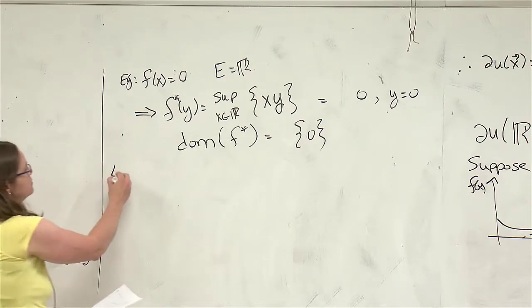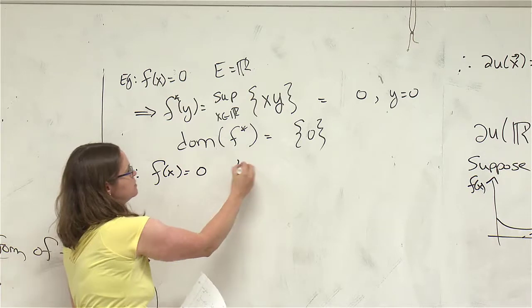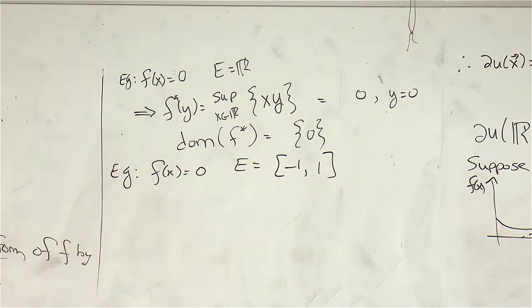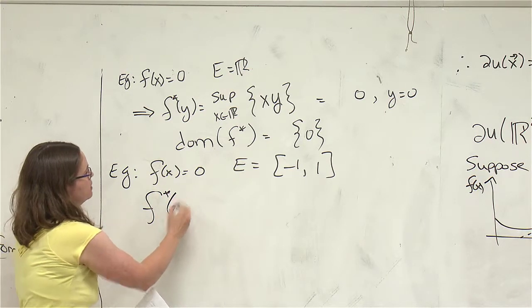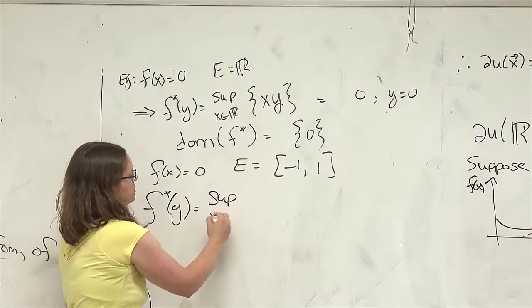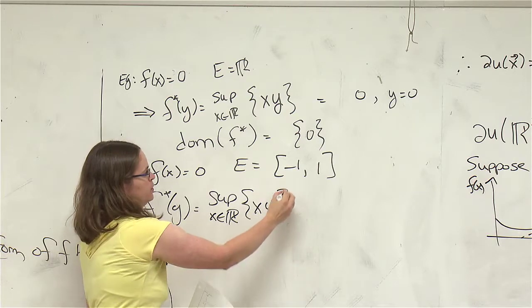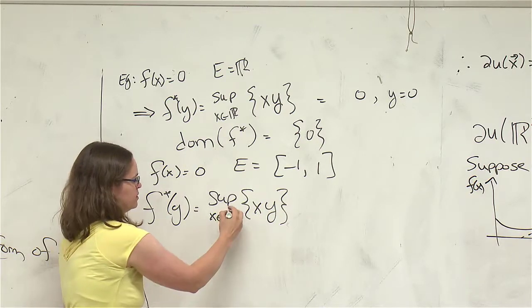On the other hand, if I changed up my domain, same function, different domain, just pick an interval. Now my f star of y is the supremum of x times y minus 0, not for x in R, but for x in this interval.